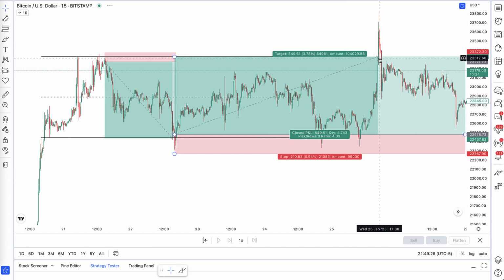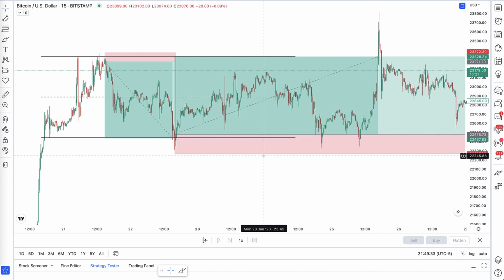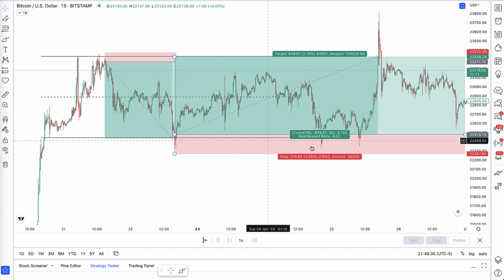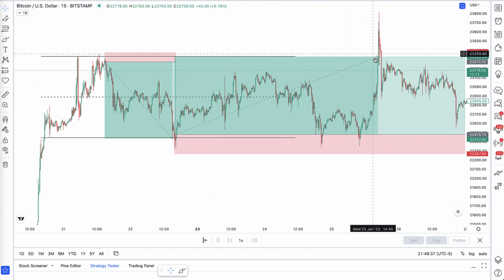So as you can see, the target got hit over here, and even though it did sweep into that range low again, the stop loss held. That's why we want to have it under the stop. You can see this was a very testing one, but eventually it worked out.